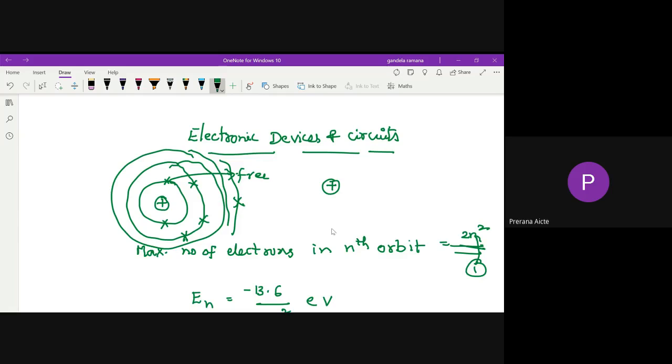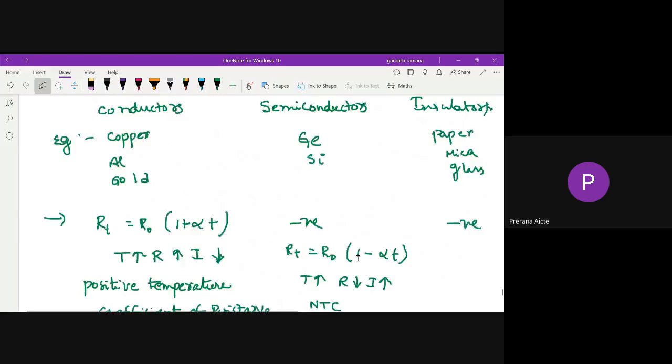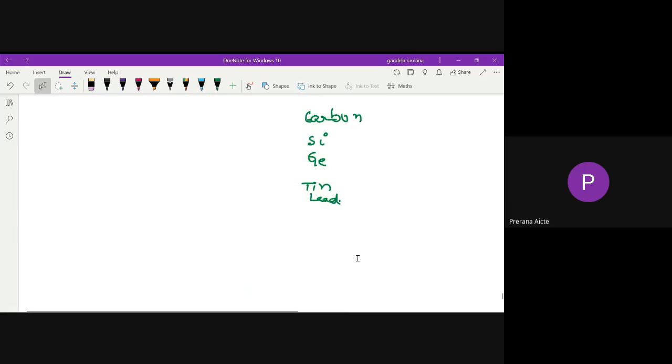That's why tin and lead have conductor properties. Germanium and silicon act as semiconductors. Carbon acts as an insulator.